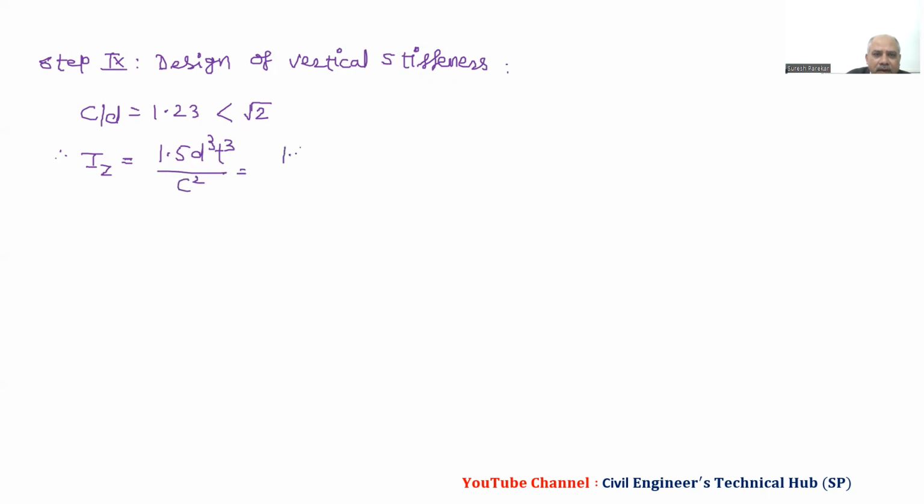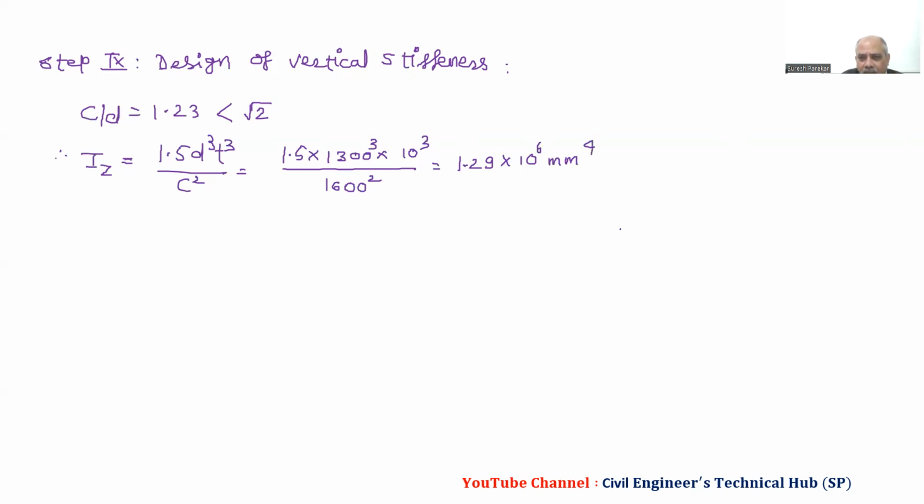We put 1.5 into 1300 cube into 10 cube upon 1600 square, and we will have this value 1.29 into 10 raised to 6 millimeter to the power 4.